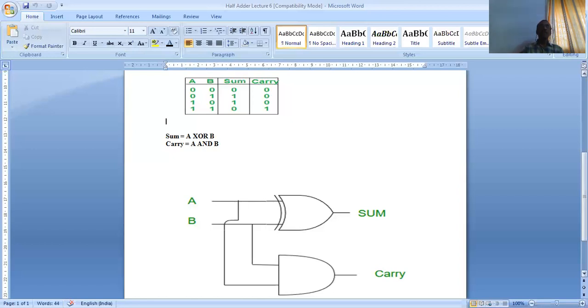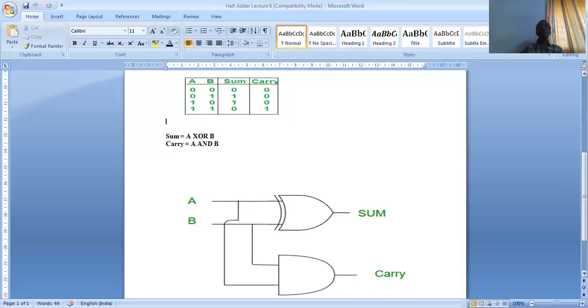In the same way, the A input acts as input to the AND gate, which is connected in the lower part of XOR gate.